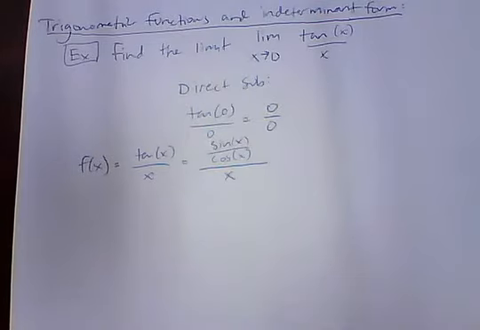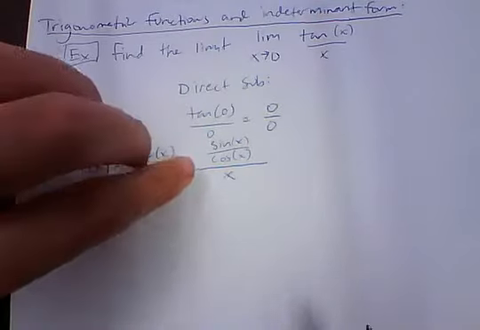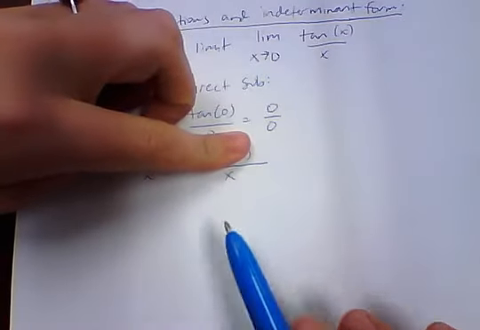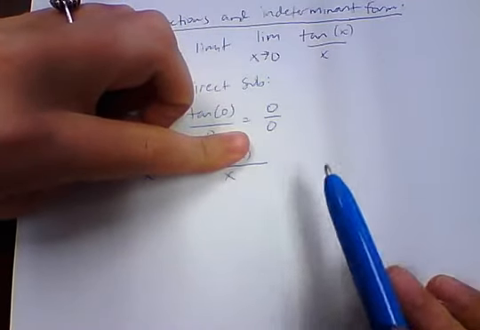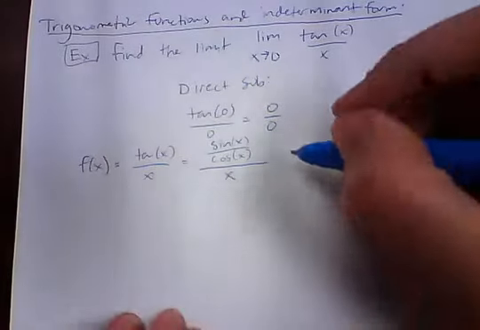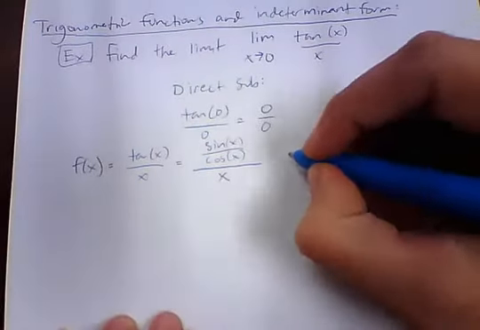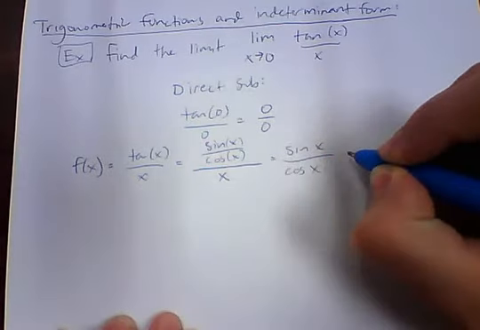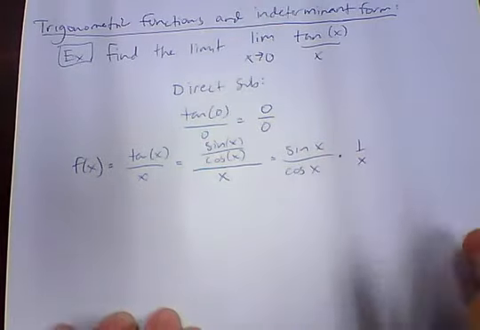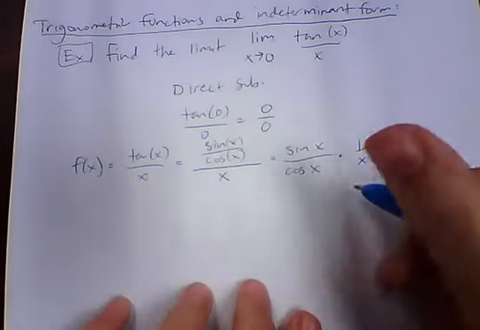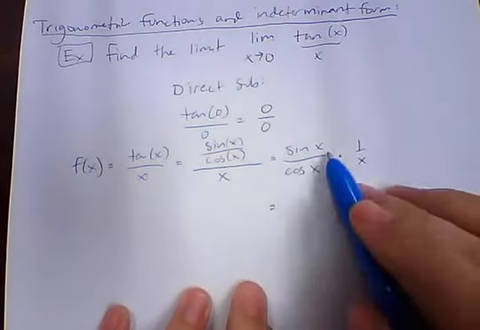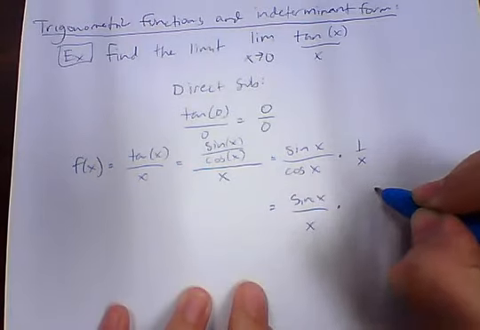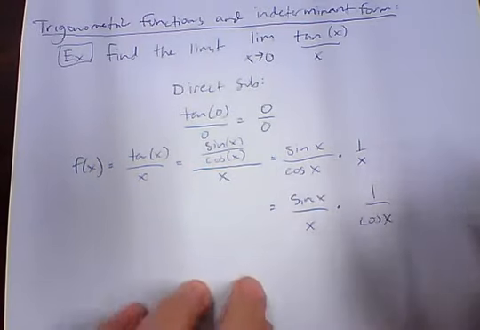Remember from complex fractions, all this is saying is that this piece, sine x over cosine x, divided by x, or times 1 over x. So we can say sine of x over cosine of x times 1 over x. And we can rewrite that as sine of x over x times 1 over cosine of x.